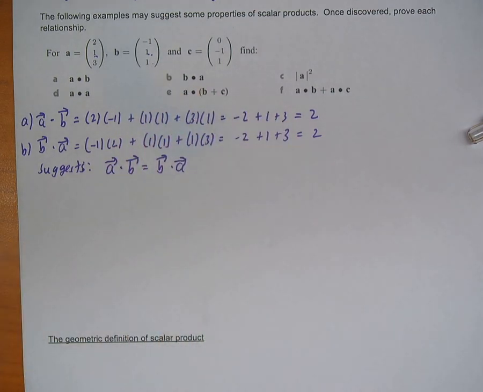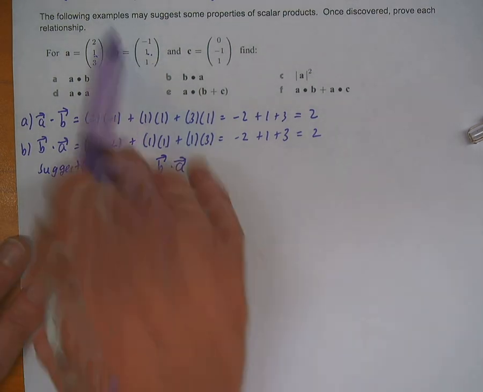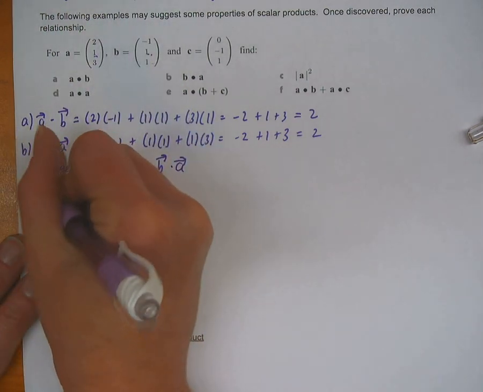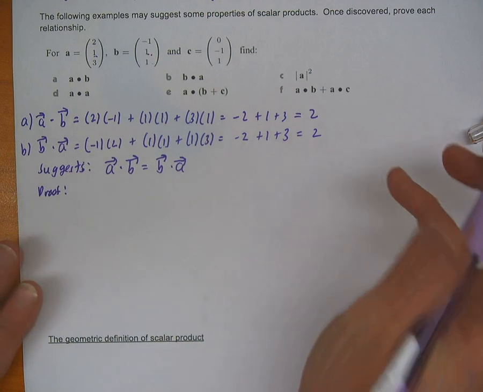Well, how do we prove that? Well, when we're doing a proof, we do it with the generic versus specific numbers. So we're going to use these two. Our proof needs to start with us defining that.